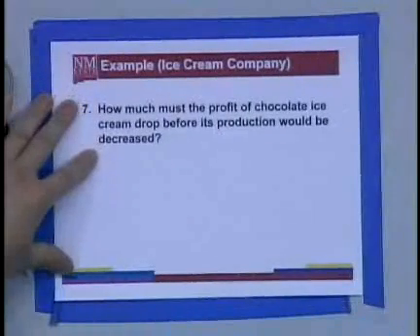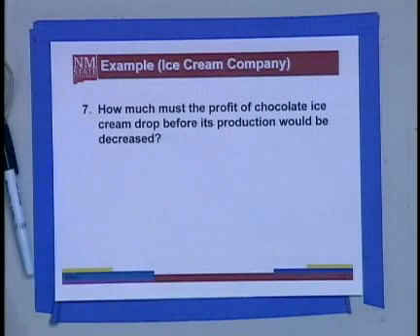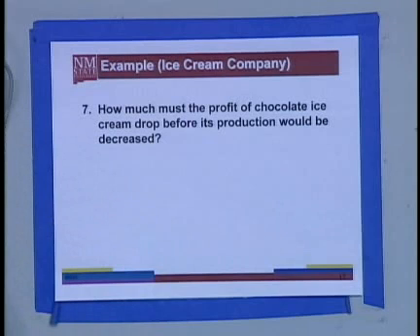Okay, next is question number 7. How much must the profit of chocolate ice cream drop before its production would be decreased? So what Lindo output you need to look at?